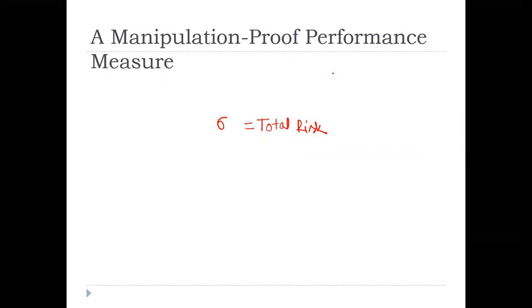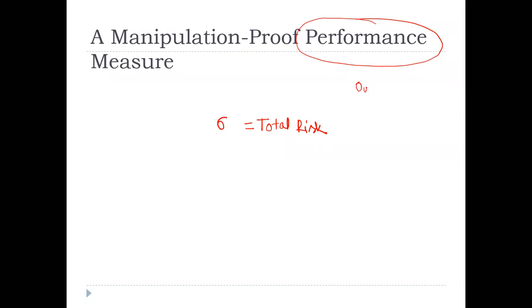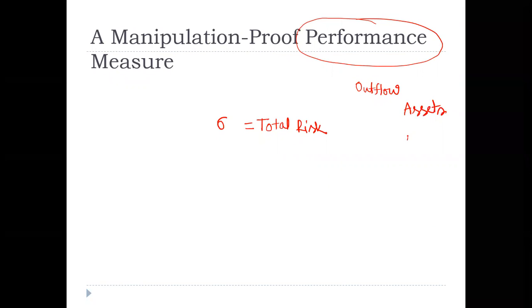So naturally, the analysts have a tendency to manipulate this performance measure worldwide, so that they will not face any outflow from the fund. And you know very well, the compensation of the fund manager depends on the assets under management, or in short AUM.